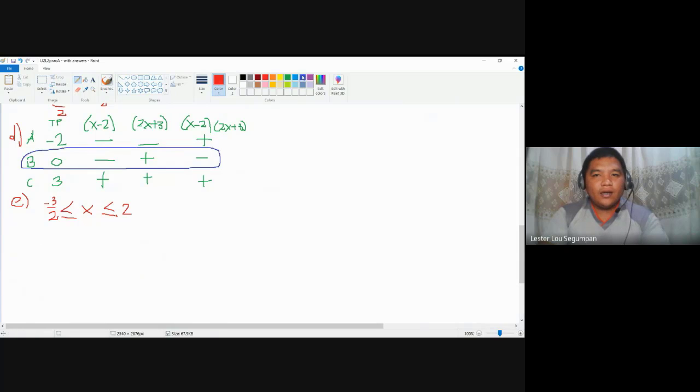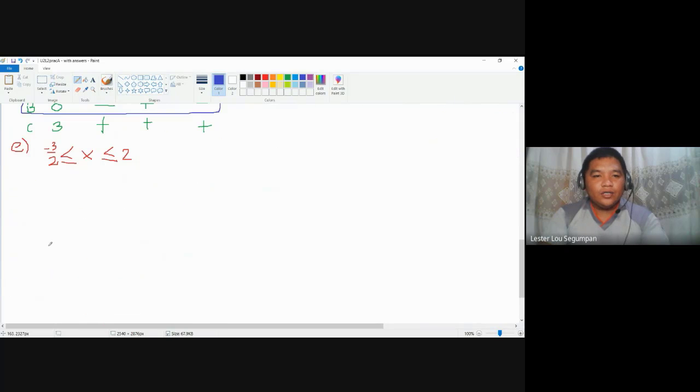Your solution set is a set containing x such that you simply copy with equal sign, negative 3 halves, and then you have here 2. And then for your interval notation, you have the negative 3 halves and 2.